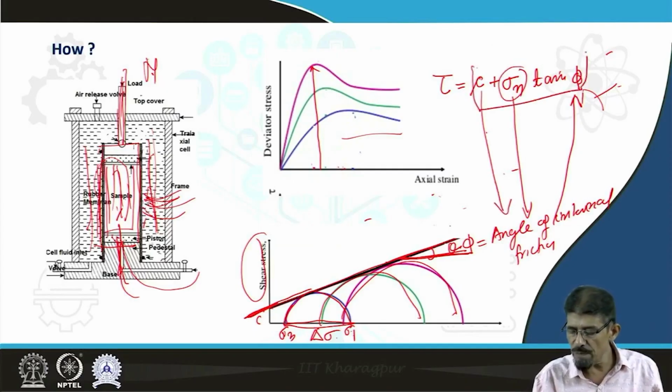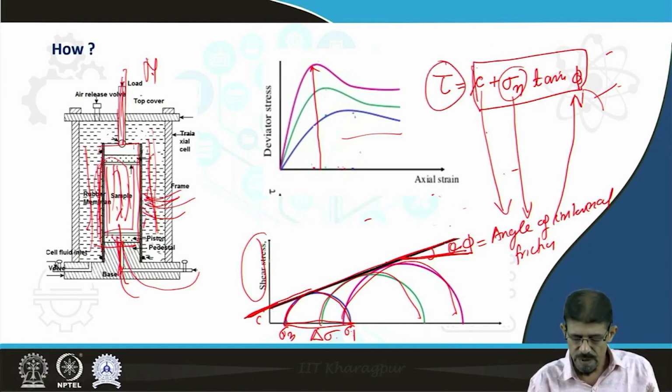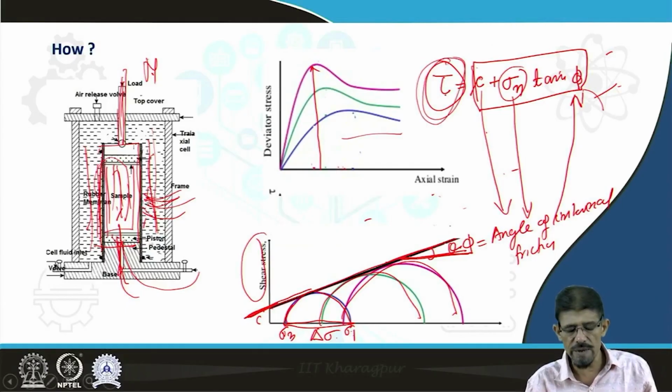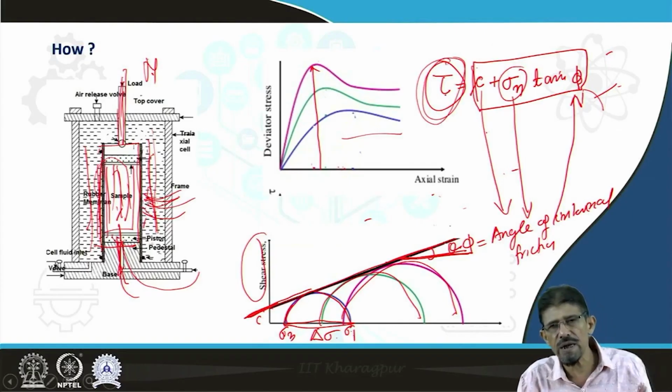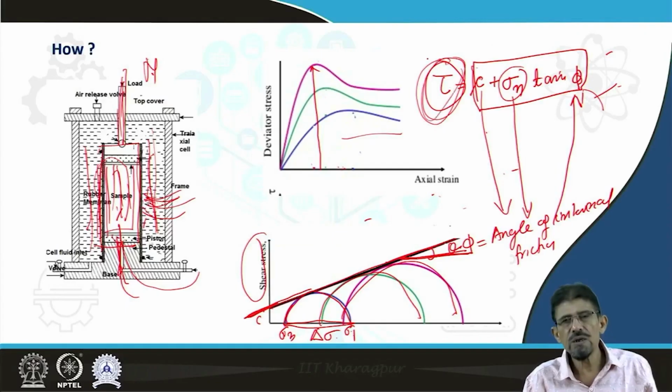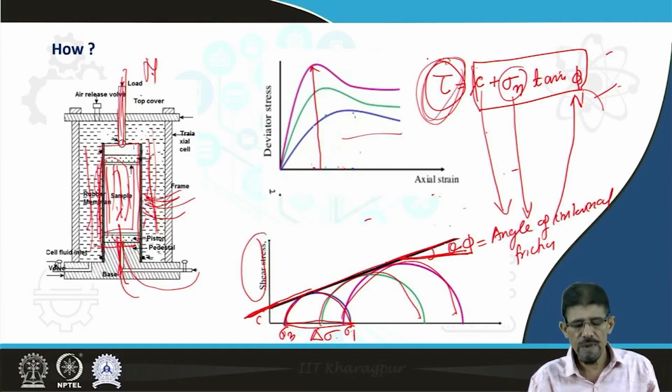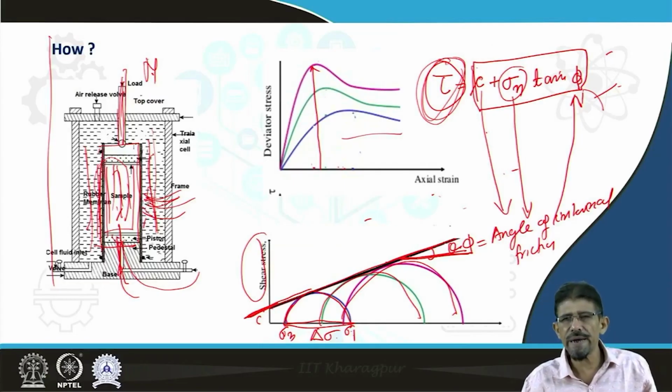These two components are responsible for the shear strength. In this way, we are able to calculate the value of tau, and in triaxial conditions, indirectly, we determine shear strength. These are some major attempts at direct measurement of strength under compression, under tension, under shear.